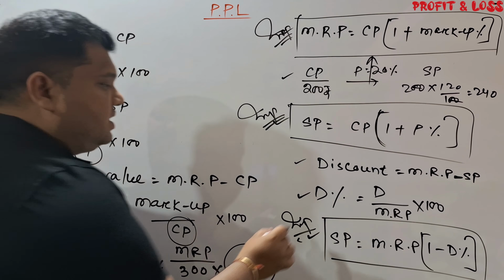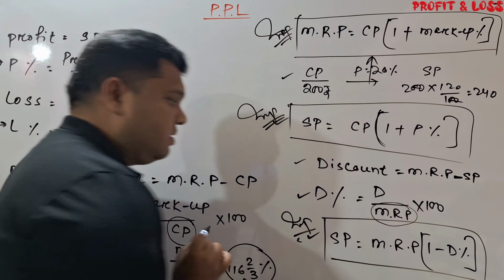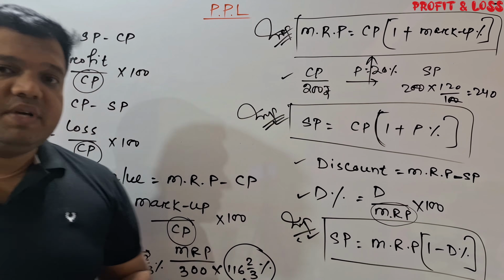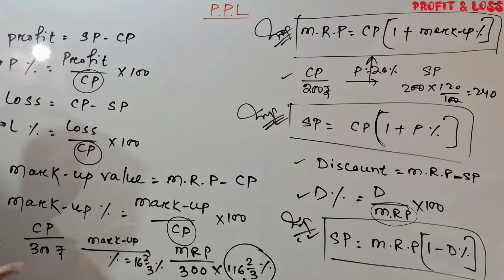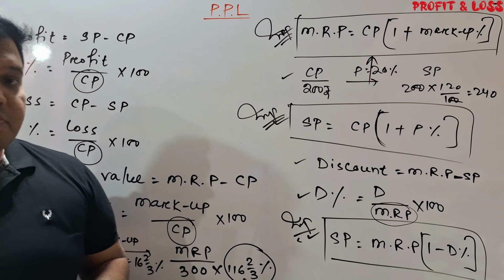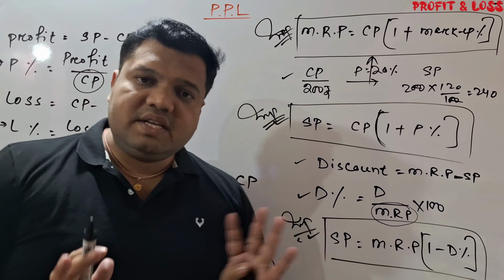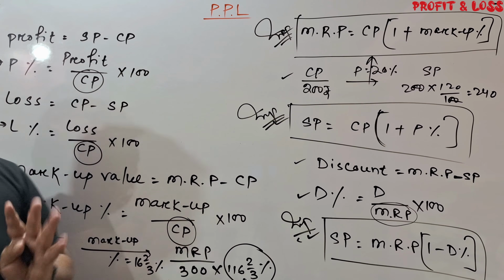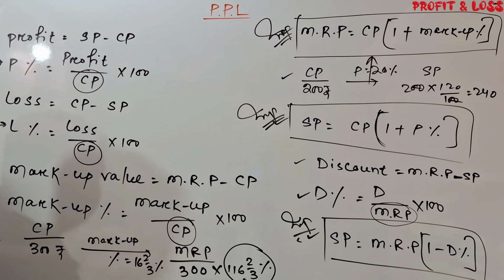But discount percentage depends upon the MRP. Done. And these 3 formulas, just note them down. We'll solve the questions based on this. Formula याद नहीं रखोगे तो भी चलेगा. We'll create a different thought process to handle the question. But these things are there. It is mentioned in every book. So you have to read, write it down, practice, and remember. Done. Note it down.